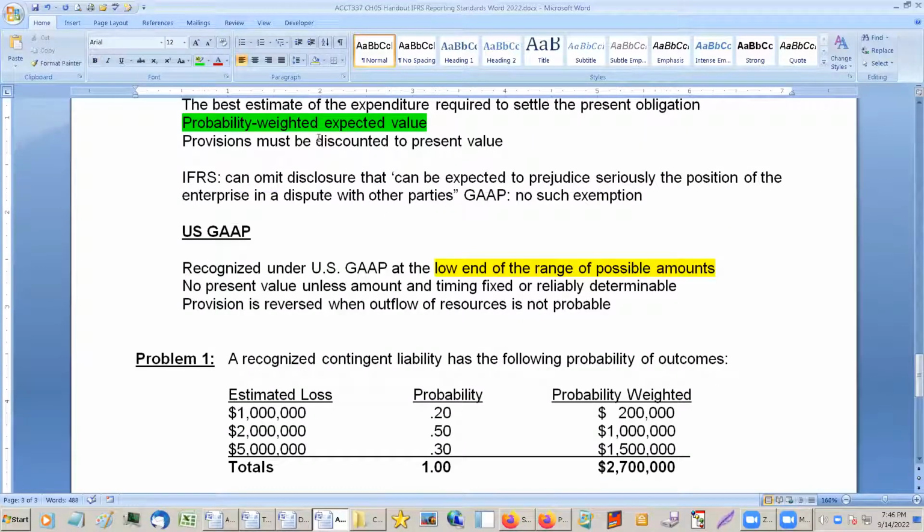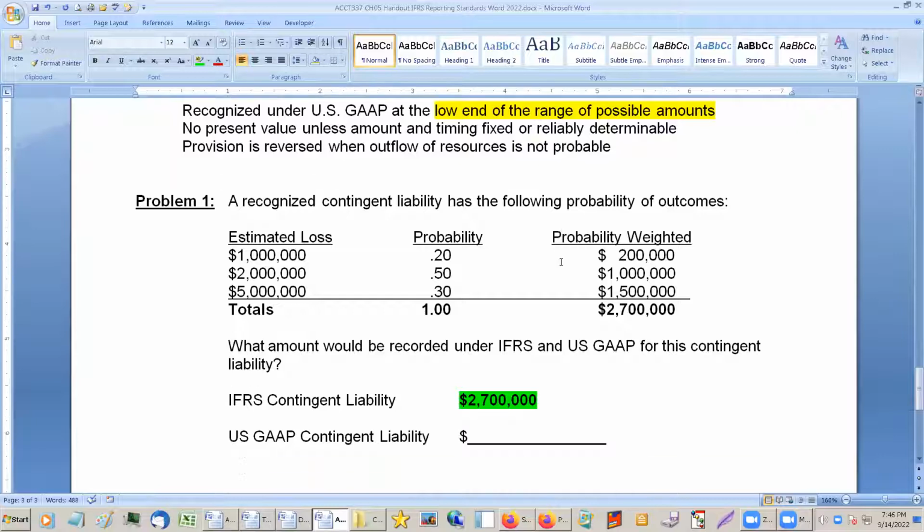So IFRS takes the weighted expected value. The US recognizes the low end of the range of possible amounts. So this is international, and this is the low end of the range of the amounts. This is what the US standards would have.